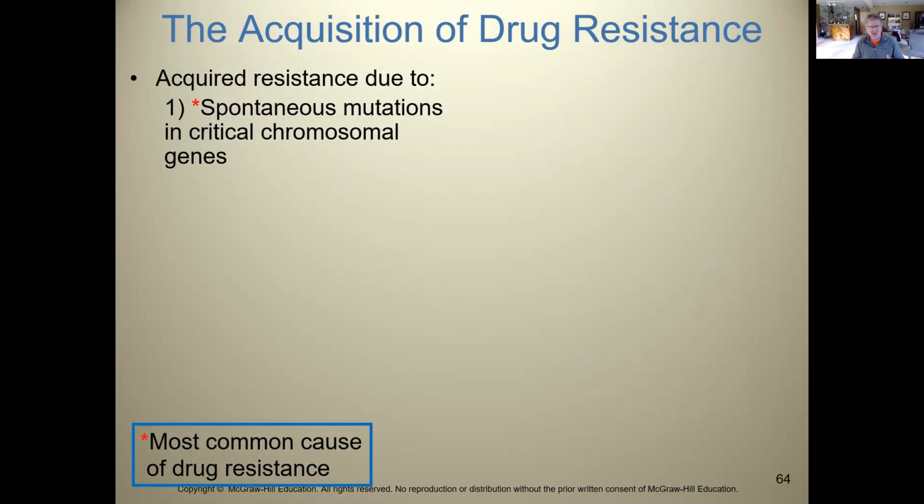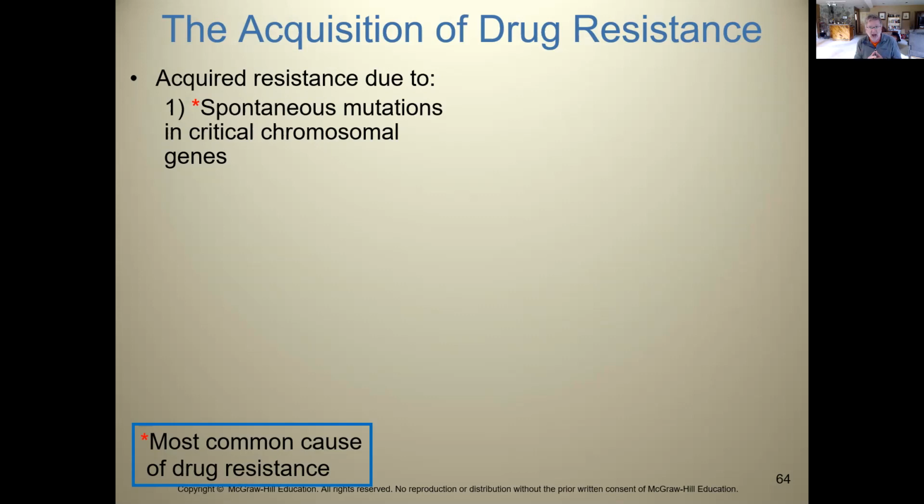Now, some of these mutations, as we've learned, may not be beneficial, and may not have any significant impact on the population. But once in a blue moon, spontaneous mutations can lead to drug resistance by providing that cell, if it were exposed to the drug, the ability to negate the action of that drug.